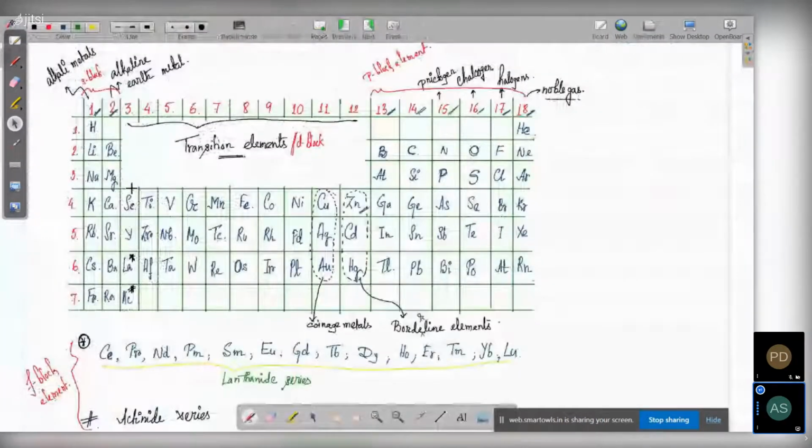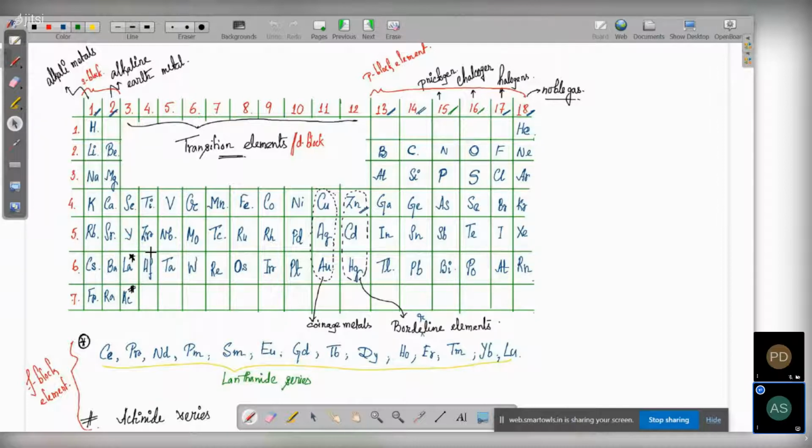If you see the periodic table, zirconium and hafnium are present in the same group, where hafnium is positioned below zirconium. So going by our normal rule, hafnium should be larger in size compared to zirconium.